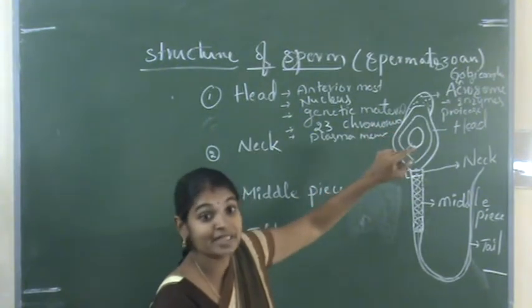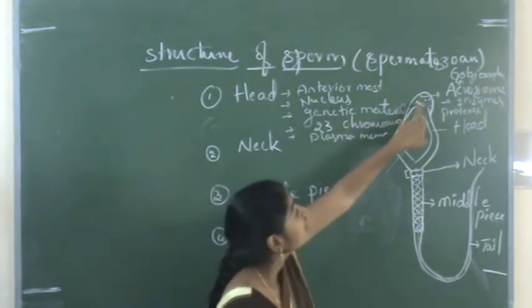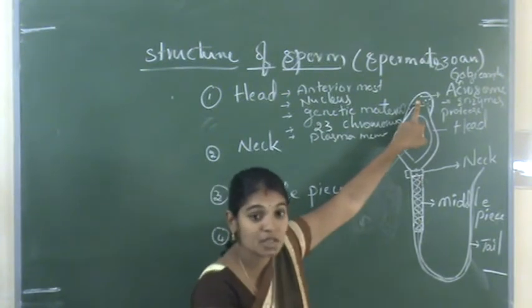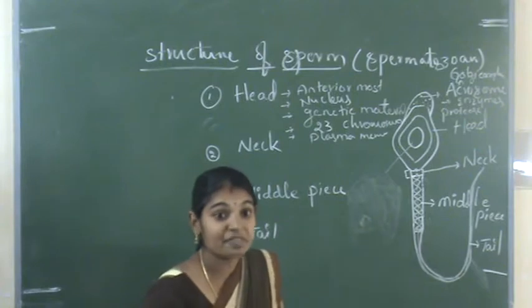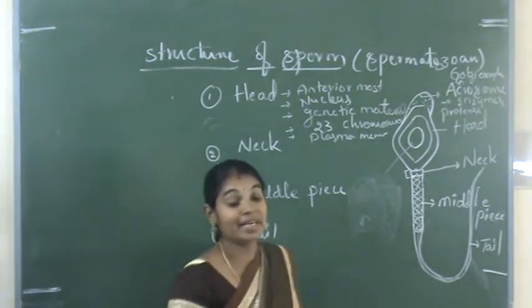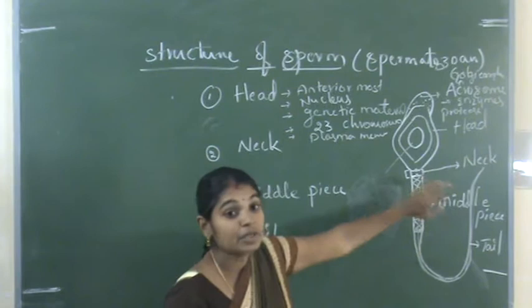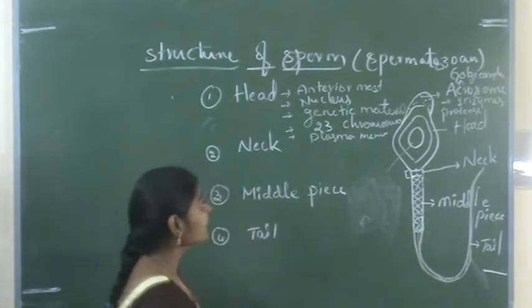Among that, the first one is that the Golgi complex changes into the acrosome, which contains a number of enzymes which help in the penetration of the sperm into the egg.